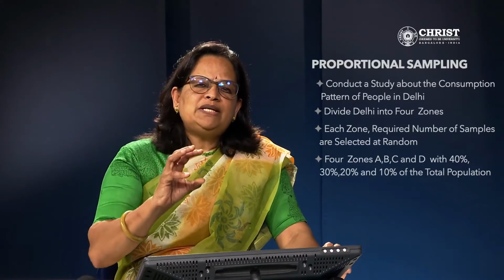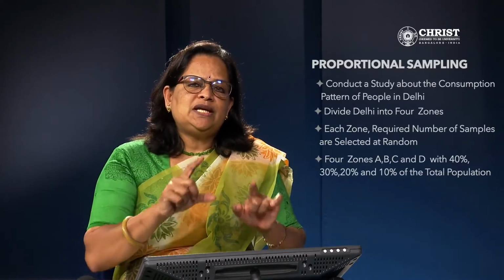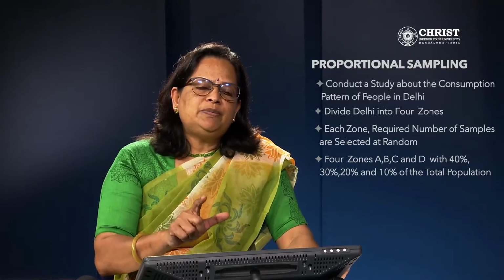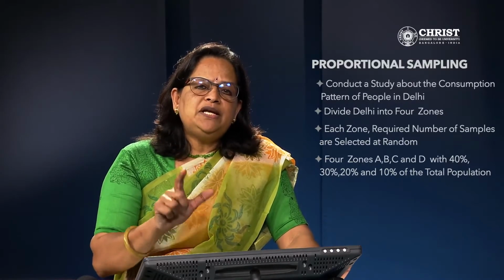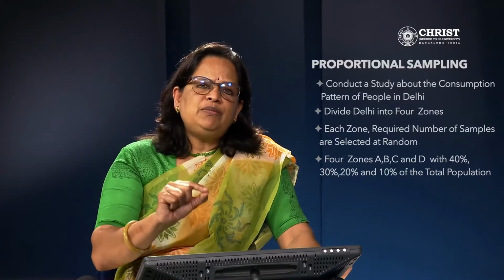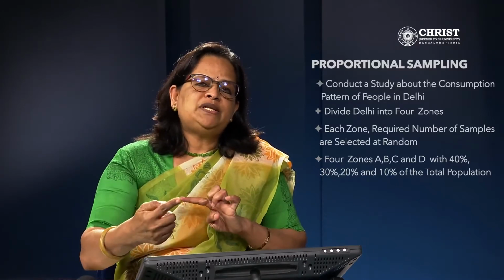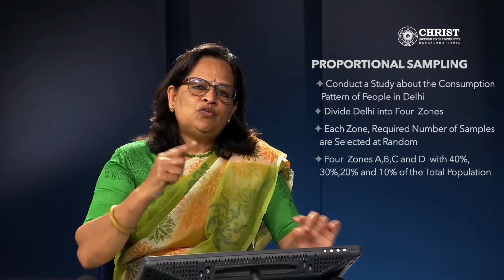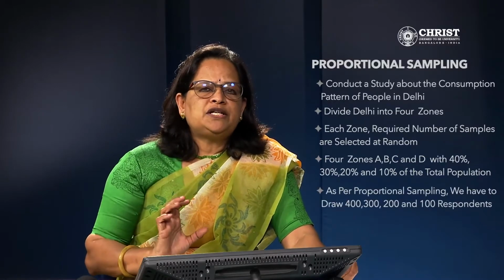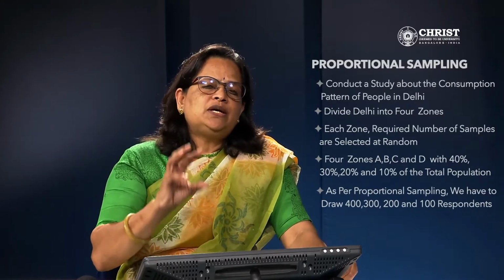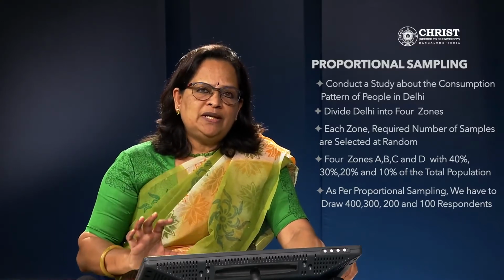Imagine the population structure is like this: A has 40% of the population, B has 30%, C 20% and D 10%. If I am using proportional sampling, I want the population to be represented in the study. So we will have A 400, B 300, C 200 and D 100 respondents. So the population is represented, and my strata or type is also represented in the study.